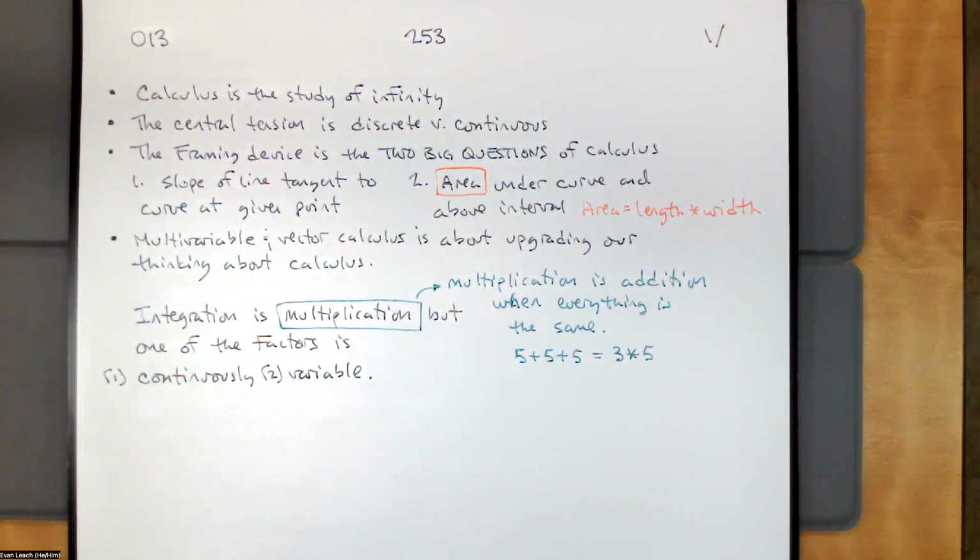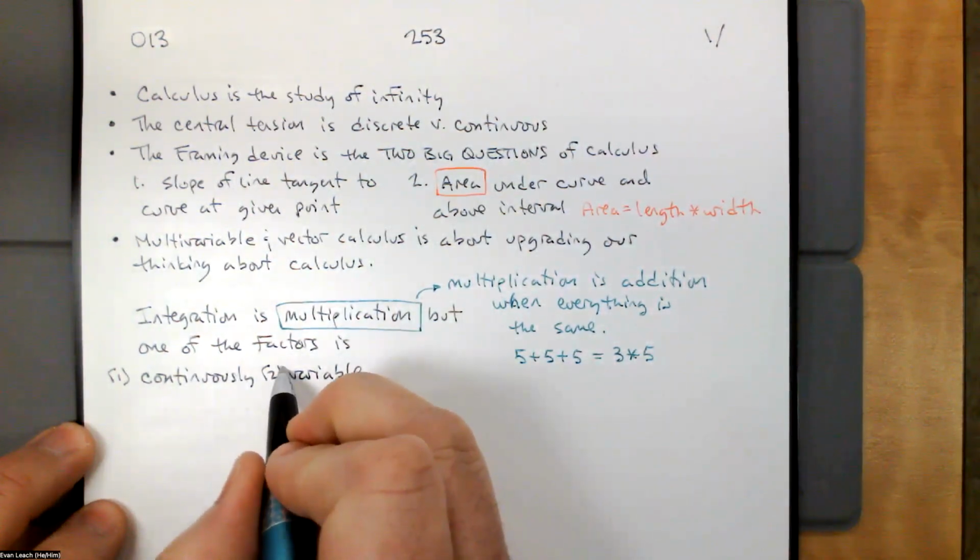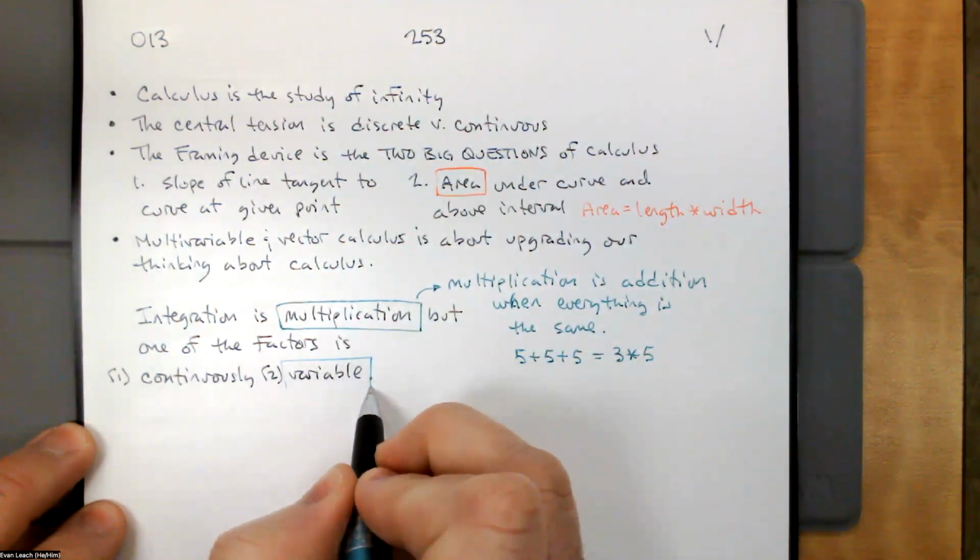Then we get to this variable business. If our terms aren't all the same, we don't get to use multiplication. We got to stick with addition. Good old addition, always there for us. It's like the basis for all this stuff.